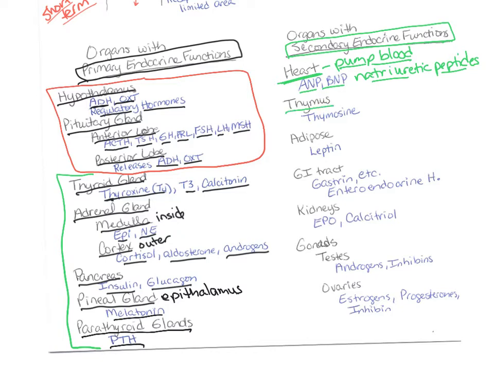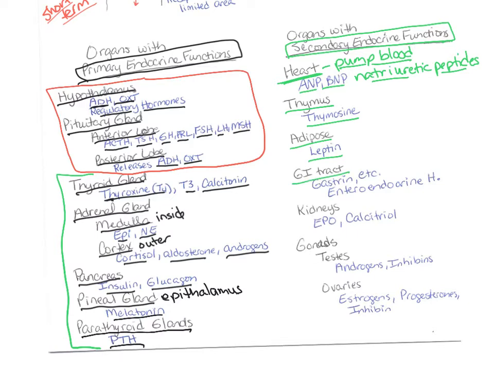Then there's the thymus. Its main job is to allow the T cells to mature, but it'll also release thymosin, which is a hormone. Adipose, its main job is to store fat, but it will release leptin.